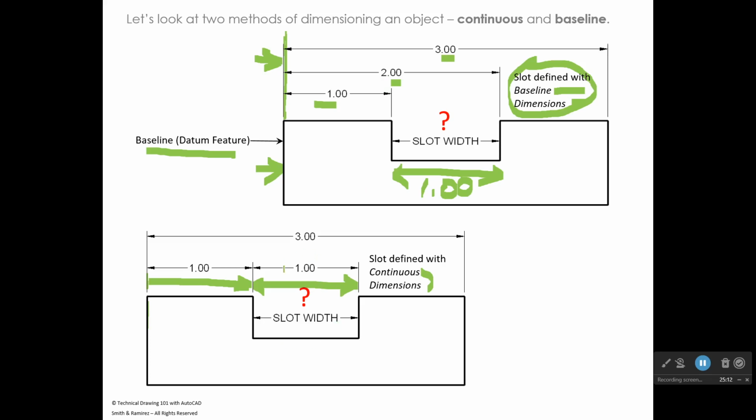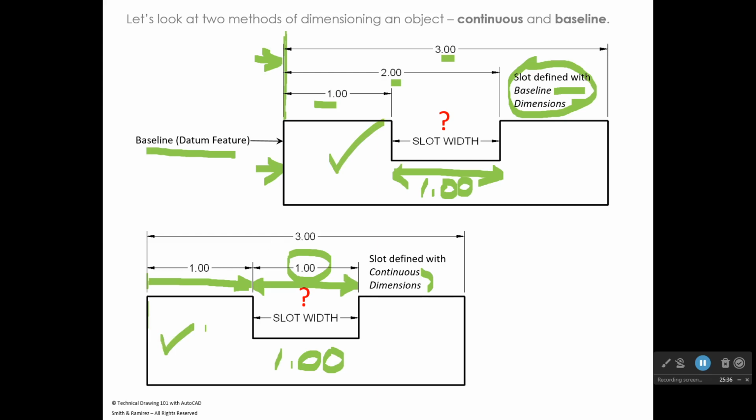Well, it is purely this dimension right here. It's 1.00. So whether we dimension it using baseline dimensions like we have up here, or whether we dimension it using continuous dimensions, the width of the slot is 1 as long as we don't have tolerances on it.